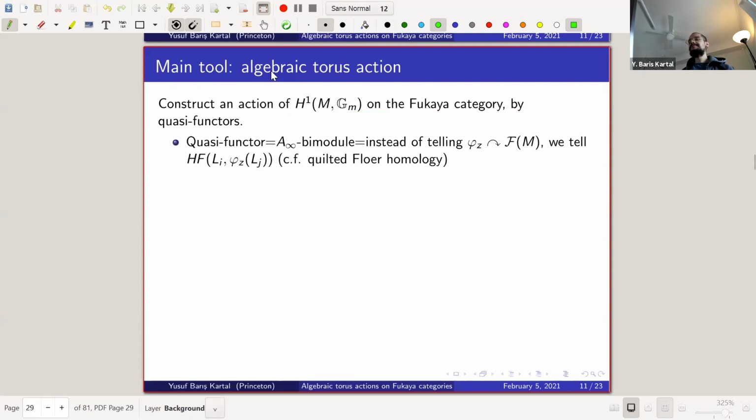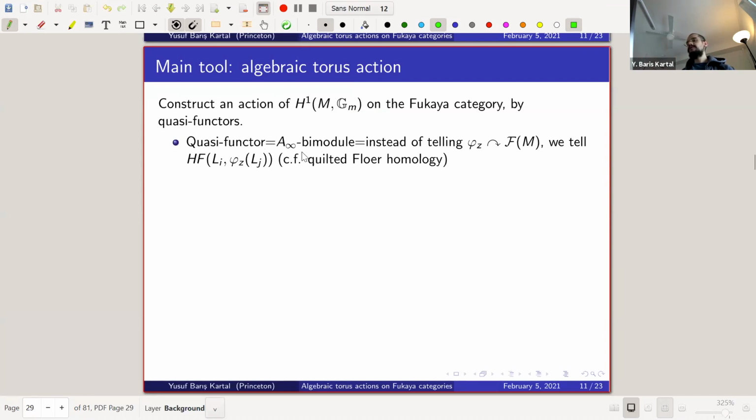A quasi-functor means just an A infinity bimodule, and I had this brilliant idea that I would not lose less algebraic people if I use the word quasi-functor instead of A infinity bimodule. Now I'm a little skeptical of this, but anyway, let me explain the terminology here. As I said, a quasi-functor is just an A infinity bimodule.